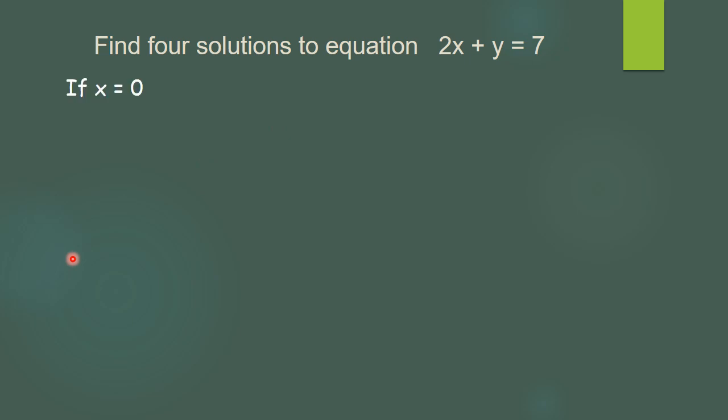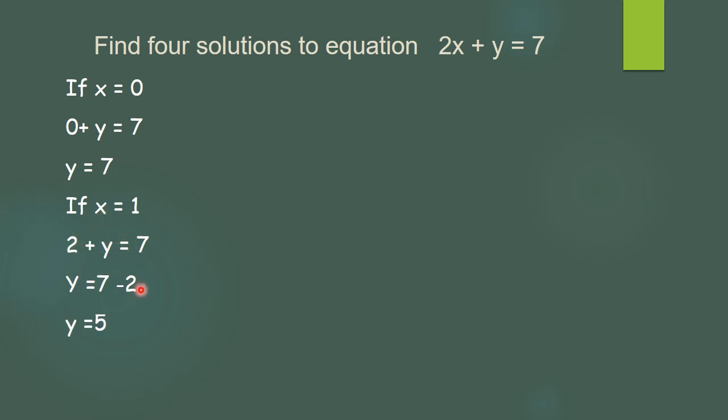Now if x is 0, what will happen? 0 plus y is 7, so y is 7. Now another value, x is 1. When x is equal to 1, 2 into 1 is 2, plus y is 7. So y is 7 minus 2, and so y is equal to 5.